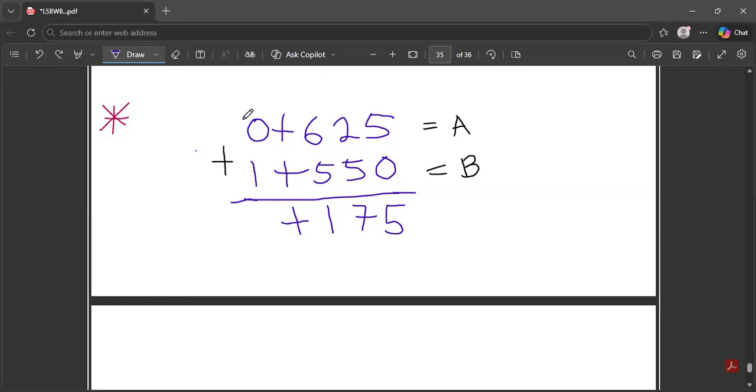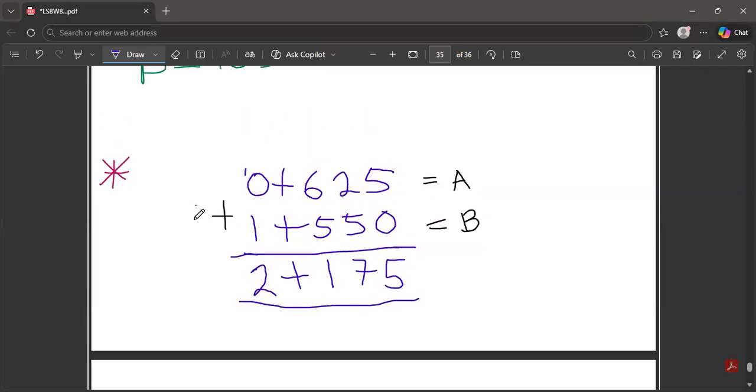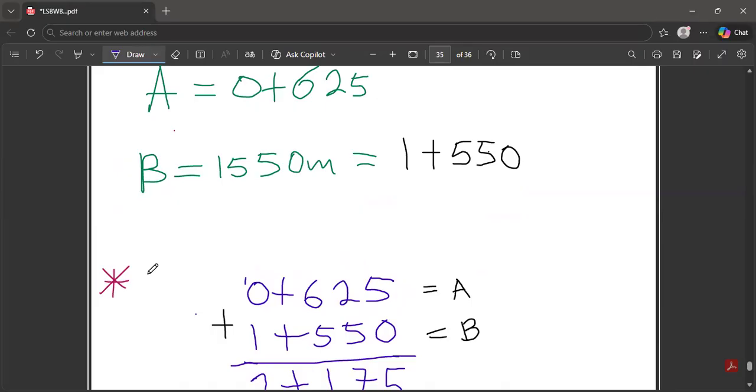Add 1 to this, so 0 plus 1 now becomes 1, and then 1 plus 1 is 2. I believe the calculation is clear for you.